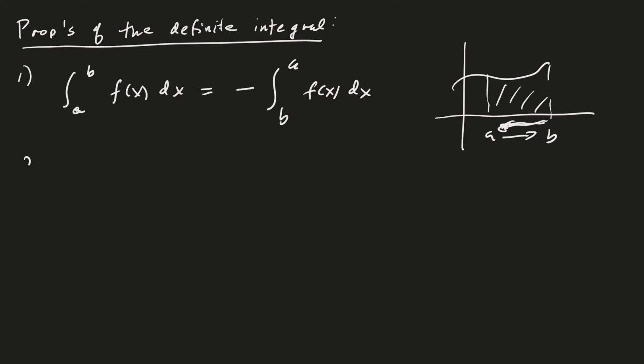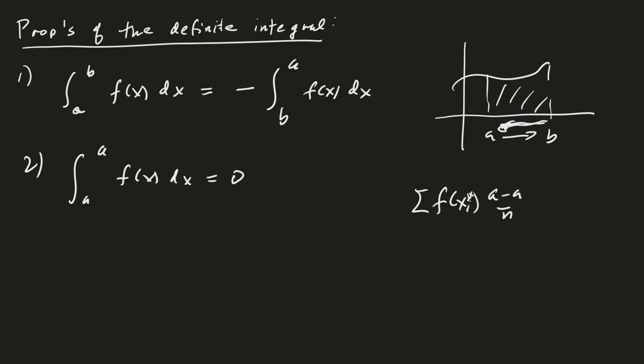Okay, next property is that the integral from a to a of f of x dx is equal to, can you guess? Because I have f of xi star, I got my sum, and now my delta x is going to be a minus a over n, which is equal to 0. That's right.